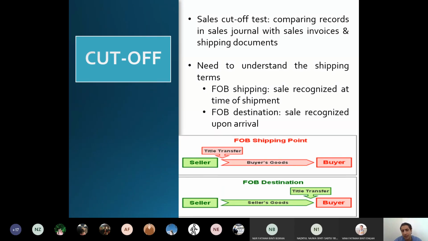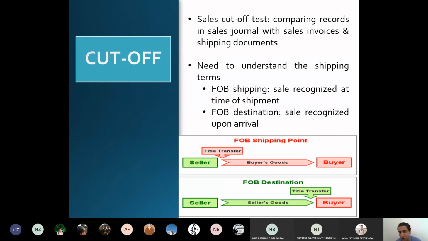Cut-off is about the timing of the record. So the sales cut-off test is comparing the recorded sales in the sales journal with the sales invoice and shipment documents. We need to understand the shipment terms. We have two types of shipment terms, FOB shipping and FOB destination.